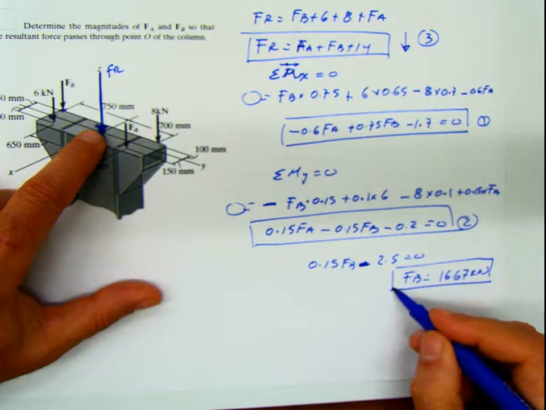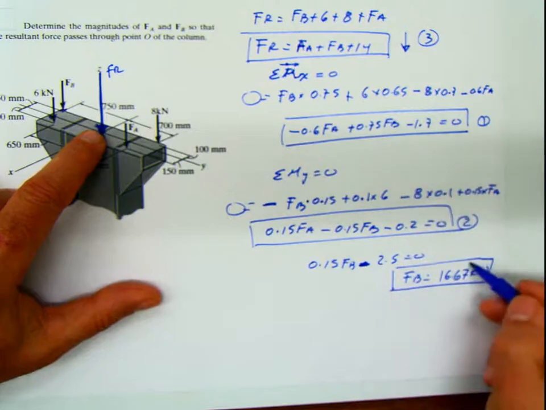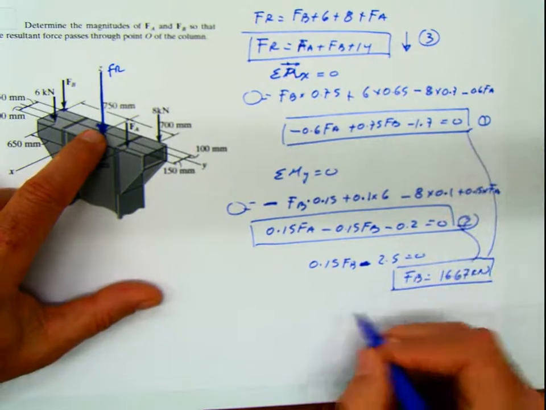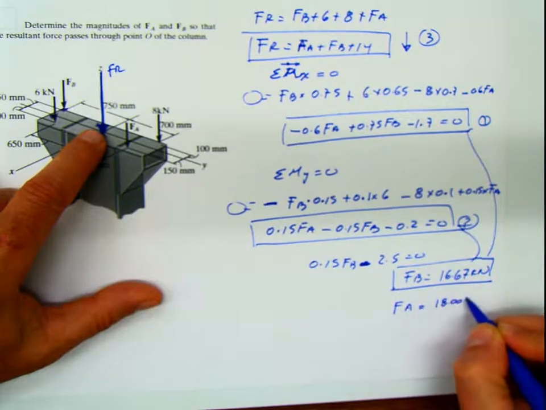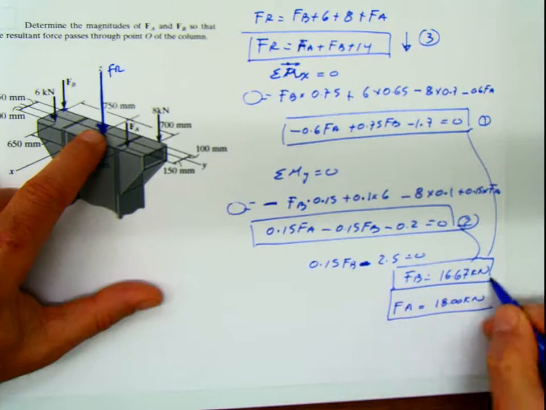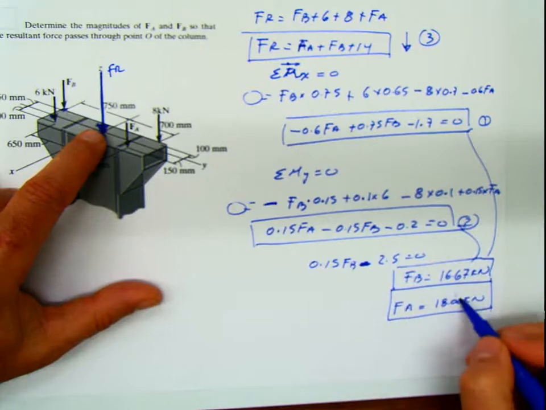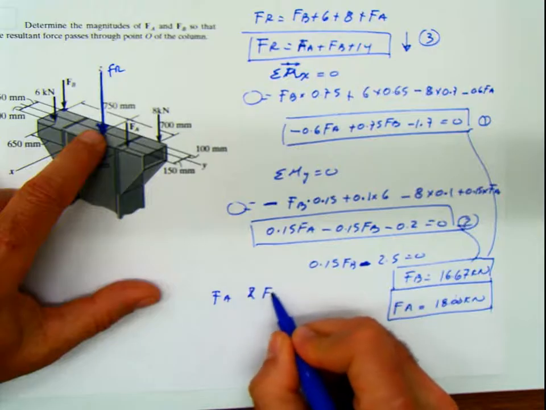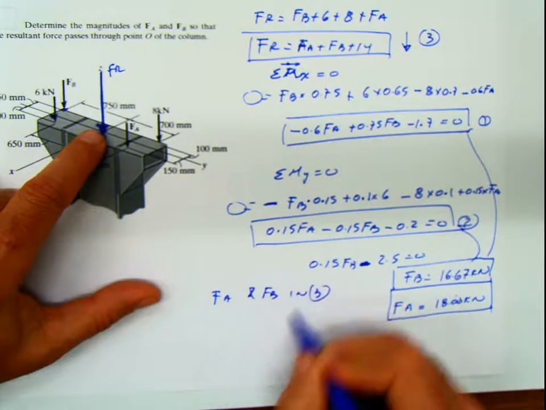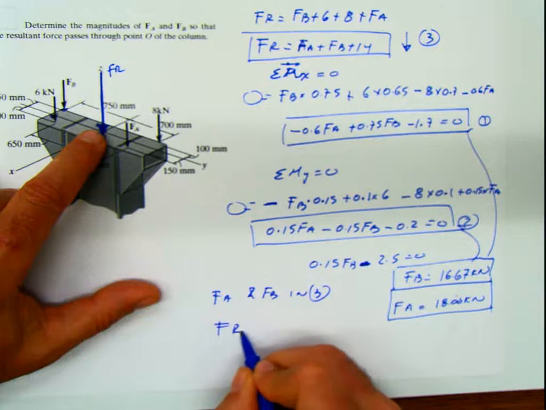I plug this into 2, or I plug this into 1, and I can get my value for FA, which is 18.00 kilonewton. And then I plug these 2 in 3, and I get my resultant force.